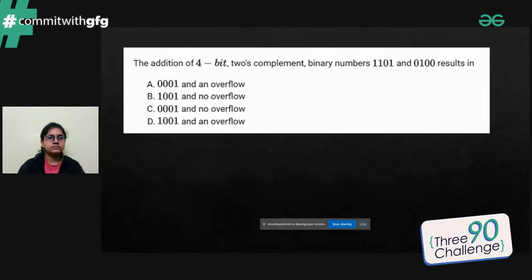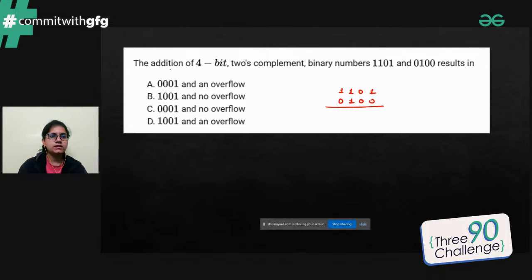Tell me which has overflow or not. I expect that you should answer this correctly. Please give me the answer in the chat box. So here 1, 1, 0, 1 and this is 0, 1, 0, 0.